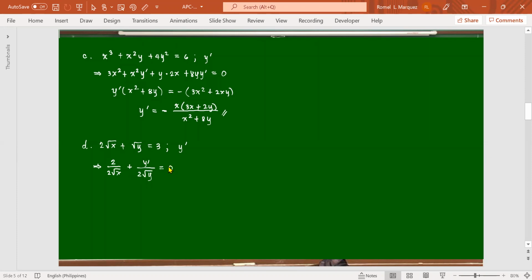On the right side, 0. Any question, guys? For the derivative with respect to x of square root of x is equal to 1 over 2 square root of x. If this is u, meaning a function of x, you have to get the derivative of that u over 2 square root of u. Okay?